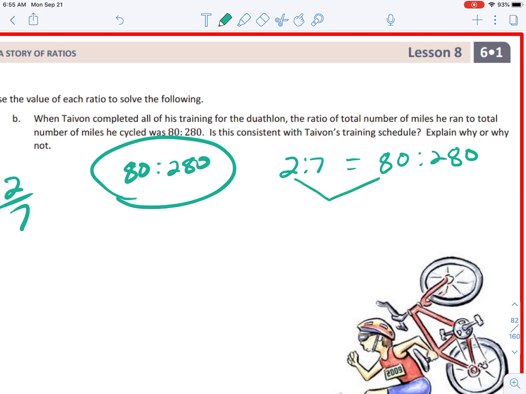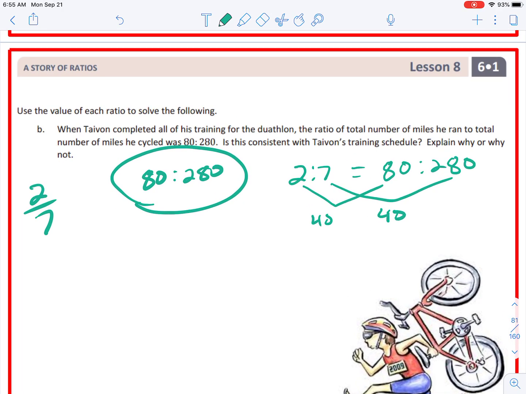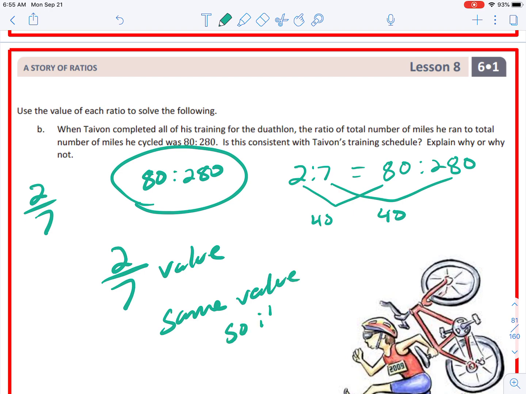What times 2 equals 80? That's 40. Is 7 times 40 equal to 280? Yes, it is. So 2 to 7 is still the value. Same value, so it is consistent. Hope you guys understood that.